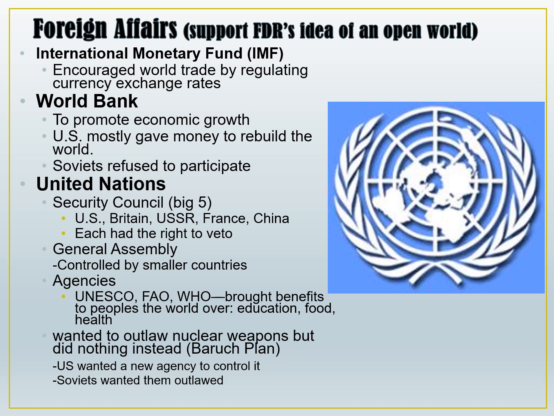Also, one of the big things that happens almost right away was the idea of outlawing nuclear weapons, but they did nothing. This was the Baruch plan, to leave the plans of nuclear weapons in the vault of the United Nations, putting probably the Security Council in charge of sealing that and never letting anybody see it. The US wanted a new agency to really control it.